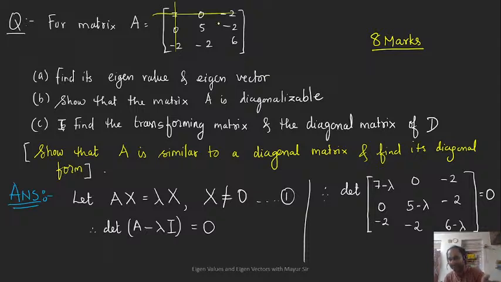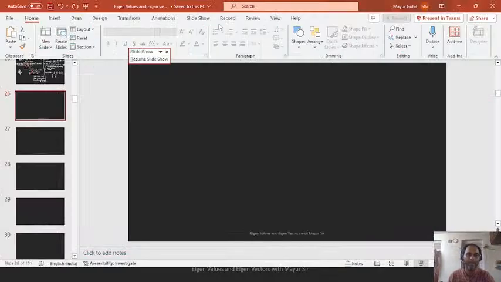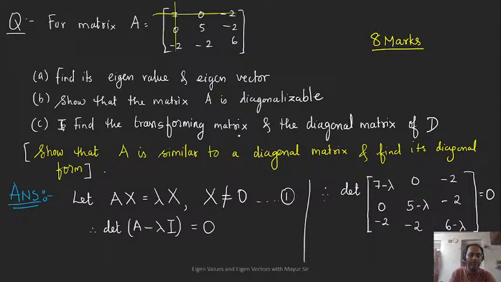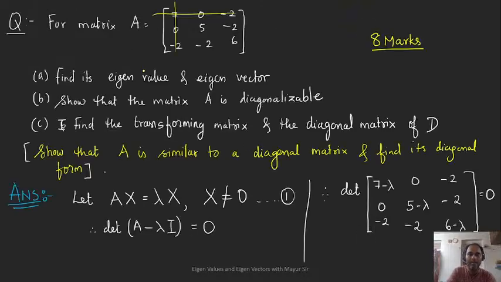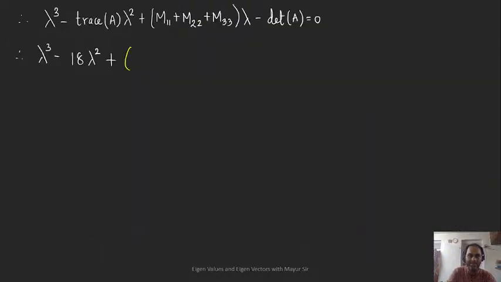Whatever is left, take the determinant of that and write the answer. Here 5 times 6 is 30, minus of minus 2 into minus 2, so 30 minus 4, that is 26.